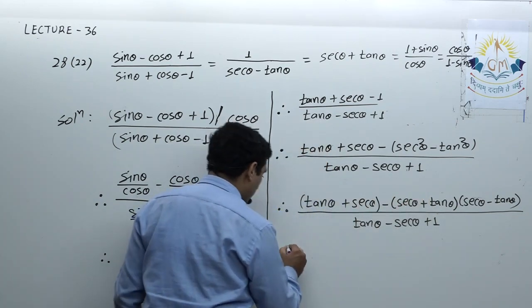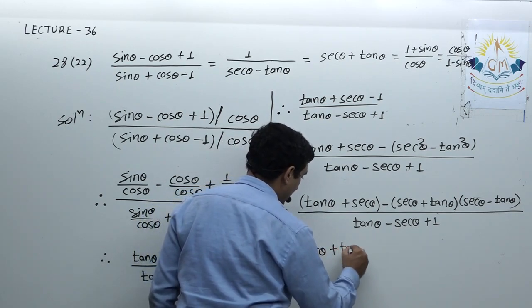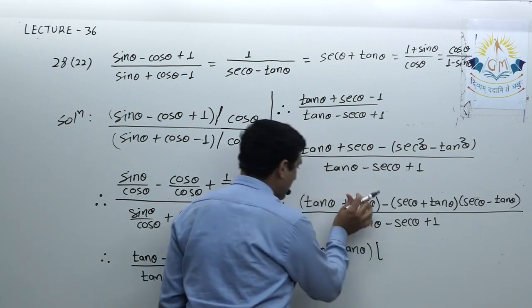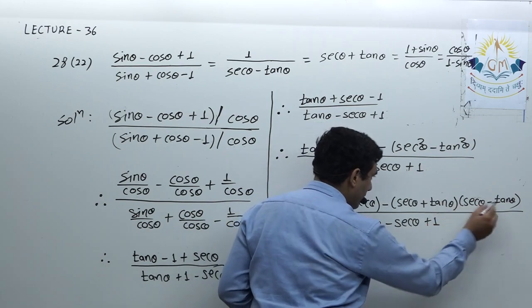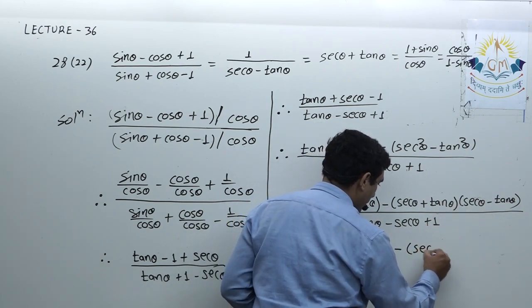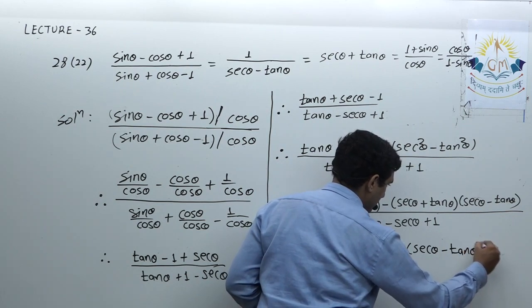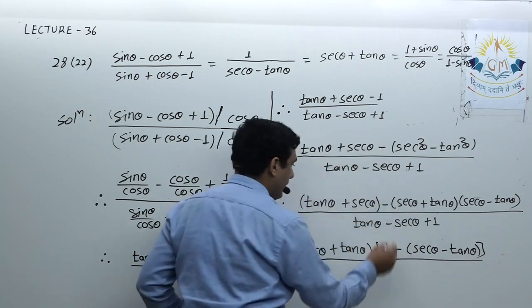So taking common sec theta plus tan theta, what am I left with here? I am left with 1 minus, now if I open the bracket, or let me write one more step, this, and in the denominator I am rearranging this.